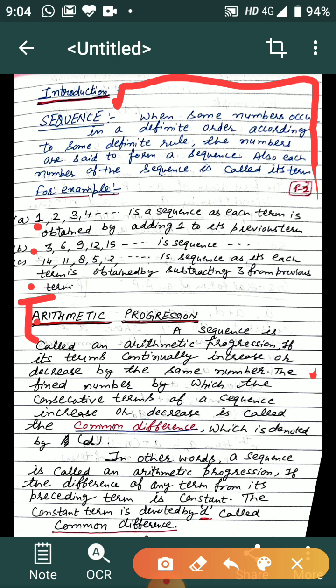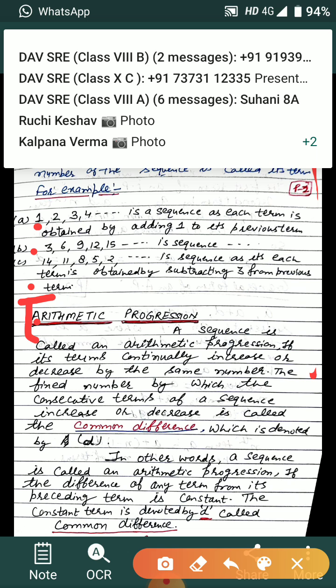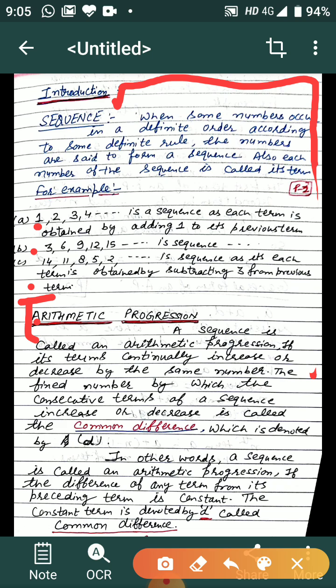I have taken the example 2, 4, 6, 8 here. The first number is 2, the second number is 4. If we subtract 2 from 4, we get 2. Again, if we subtract 4 from 6, we again get 2.